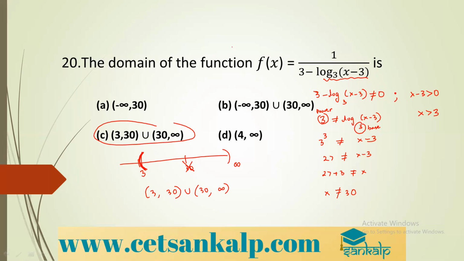So in this way, we have completed multiple choice questions of this chapter, sets, relations, and functions. So you have to practice more problems. You have to go through the synopsis. Then only you will get good scores from this chapter.